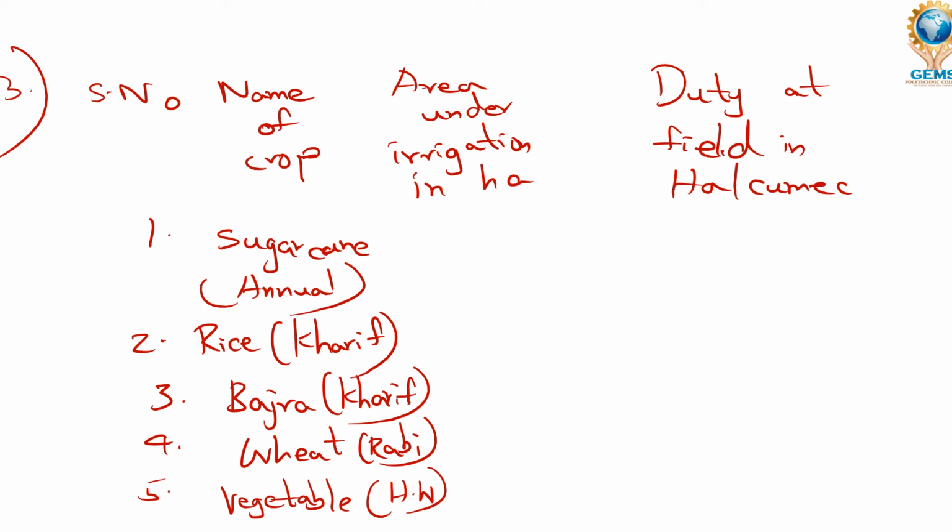So its area under irrigation is 350 here, 150 here, 600 here, 1200 here, 400 here.